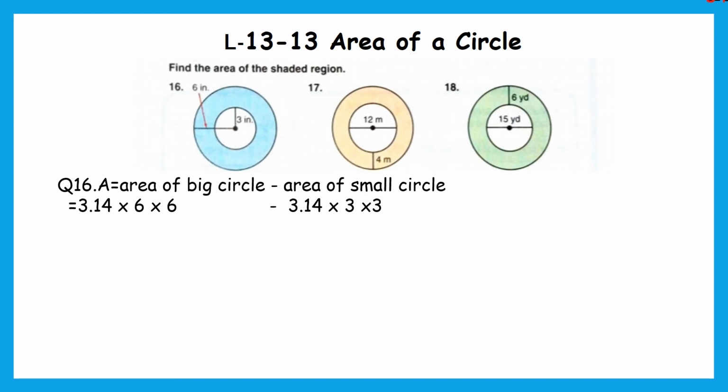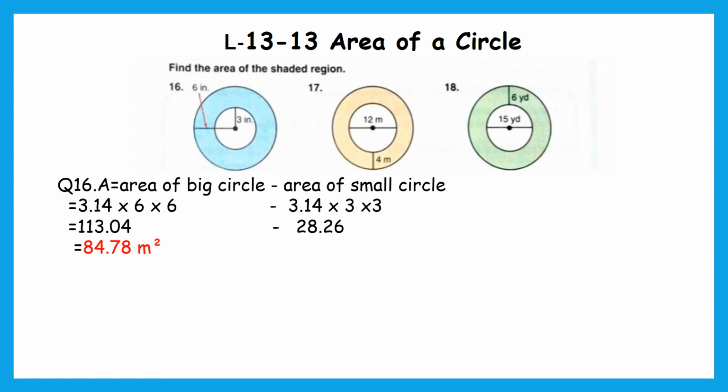What is the answer? 113.04 minus 28.26. What is the answer? 84.78 meter square. This is the area of your shaded part.